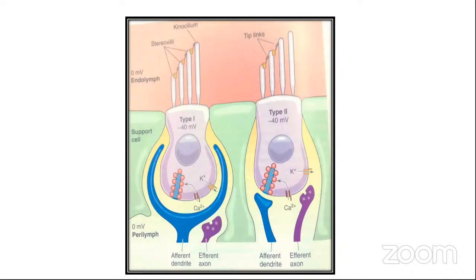On the right side, you can see the kinocilia is not connected with the stereocilia. Also you can see the afferent dendrite and efferent axon separately connected to the hair cell. That is in the case of type 2 cells.